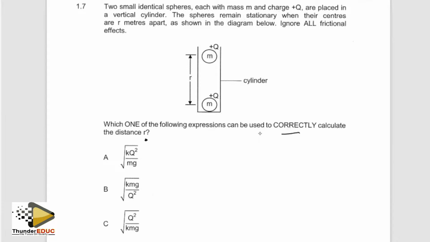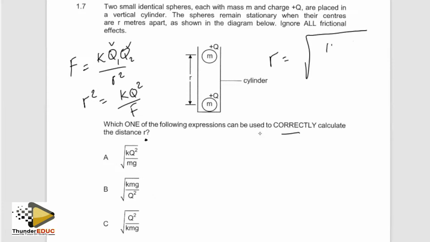From Coulomb's law, we know that F = KQ1Q2 over R squared. Let's cross multiply. Since Q1 is the same as Q2, that's going to be KQ squared over F. Then you take the square root, so R is the square root of KQ squared over F.